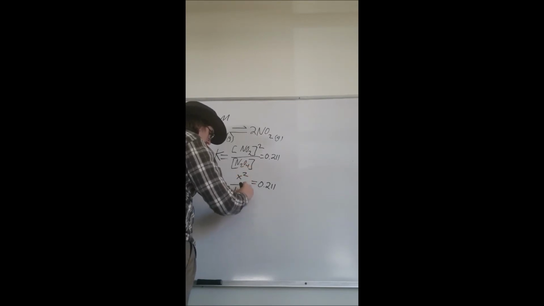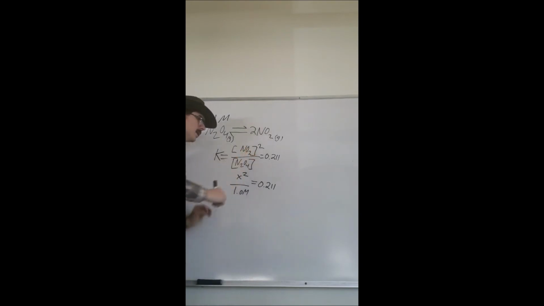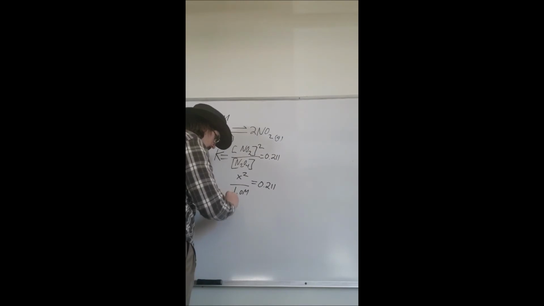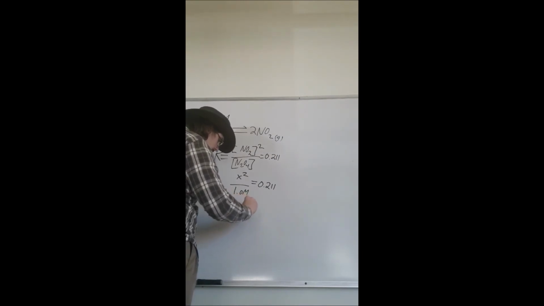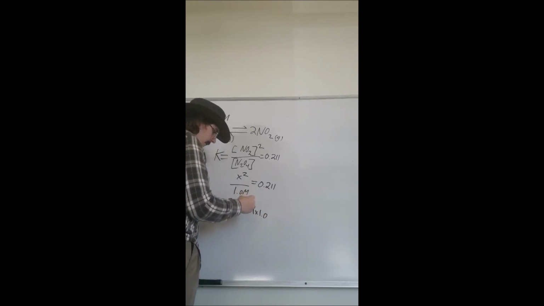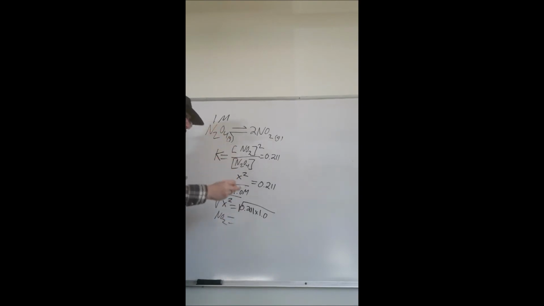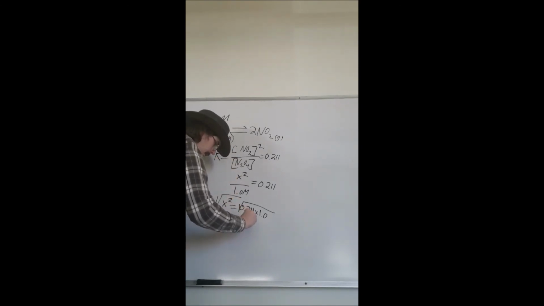I've set my product as an x, which I can solve for now. So I multiply the 1 to both sides to get x squared is equal to 0.211 times 1. And so to evaluate the x, we must square root both sides. The concentration of NO2 is equal to 0.459 molar.